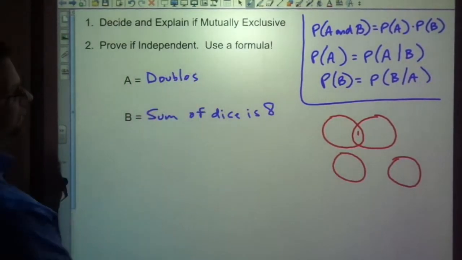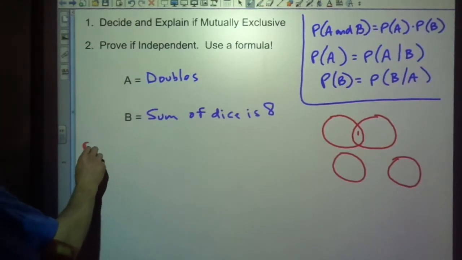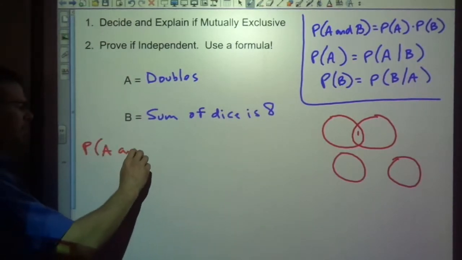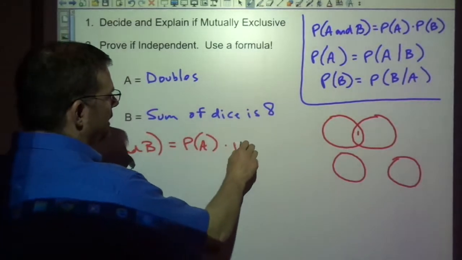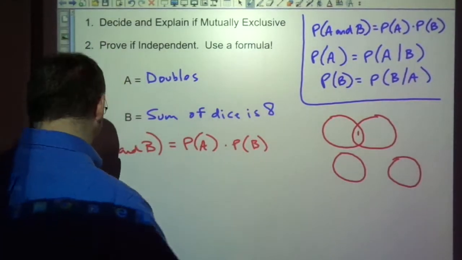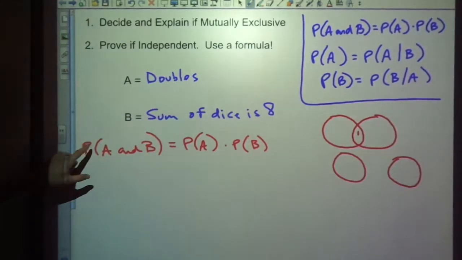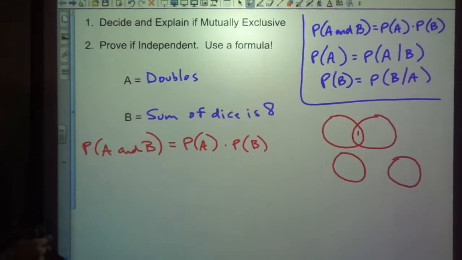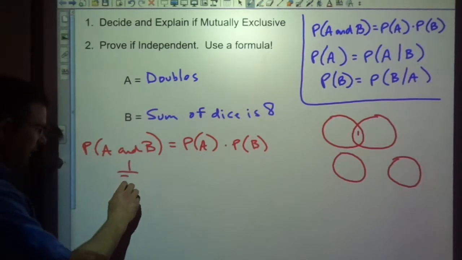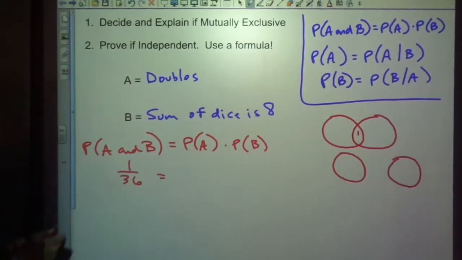And now if we want to prove independence, I will take the first formula. I'll take probability of A and B, and I'm going to see if that's equal to the probability of A times probability of B. Okay, A and B, we're looking at what are the rolls that are both doubles and also add up to be 8. And so the only roll that does that is 4, 4, so there's one roll out of 36.